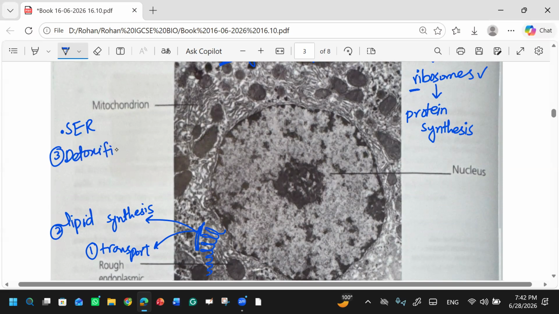One more function is metabolism of carbohydrates. Carbohydrate metabolism is done by the SER.